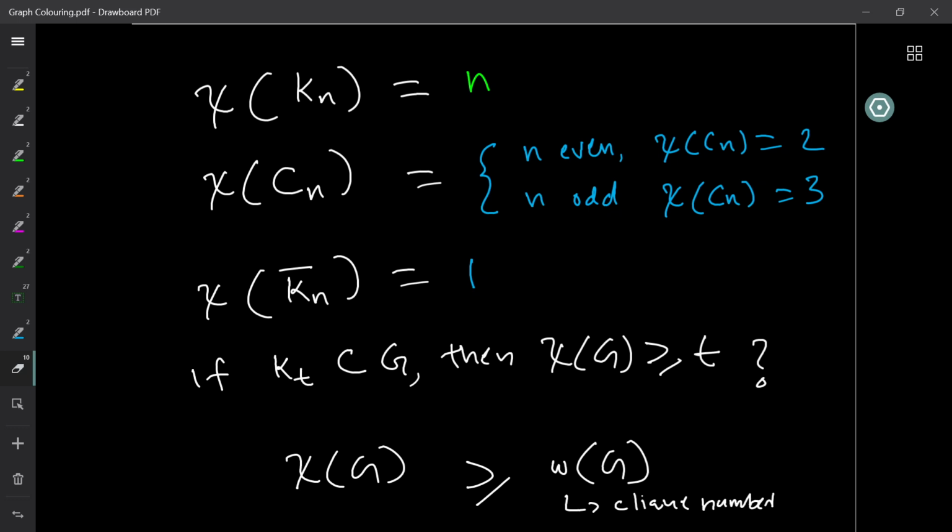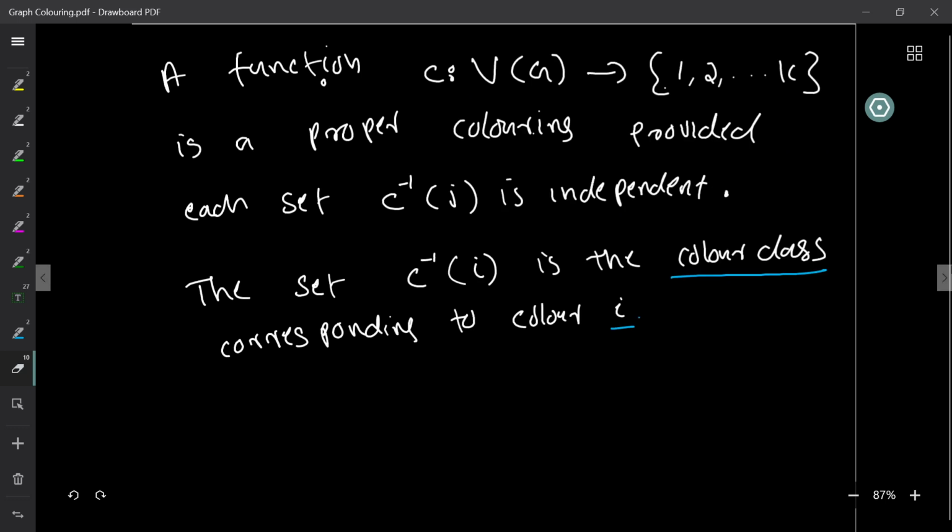So the difference is at least 2 or at least 3. Can you come up with some examples of graphs where the chromatic number increases by more than 1 from the clique number? Think of some small graph like that. Take it as a question to ponder. Think about it.